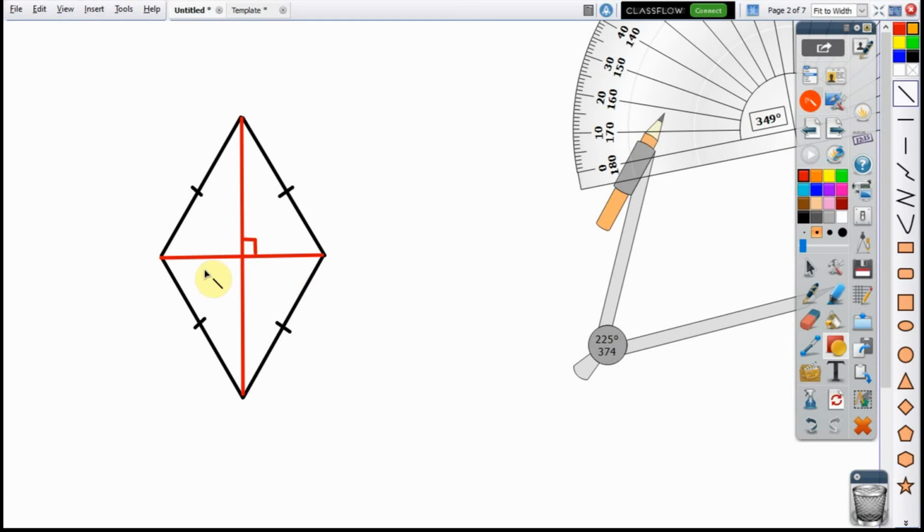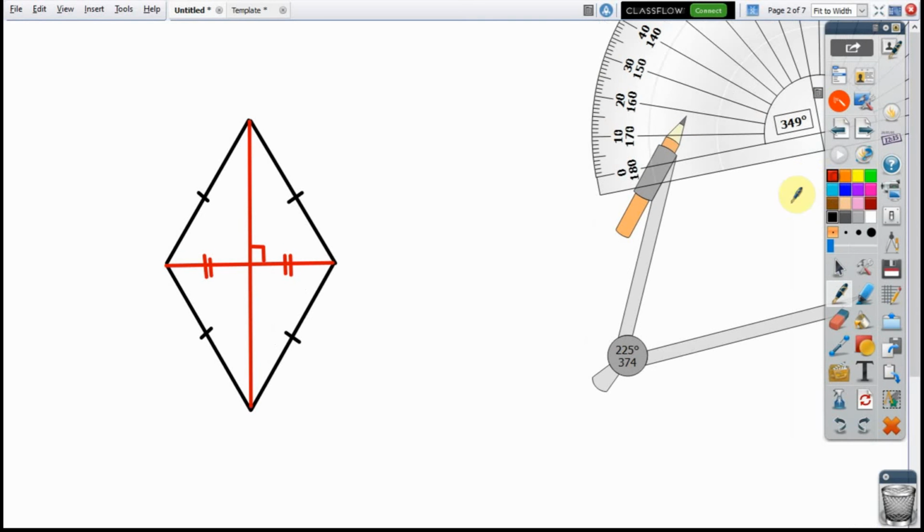The second property is that the two diagonals bisect each other. So this length is exactly equal to this length here. It's also true for the other diagonal, but that's not so important for what we're wanting to achieve today. The last property I want us to think about today is that this diagonal here bisects this angle.